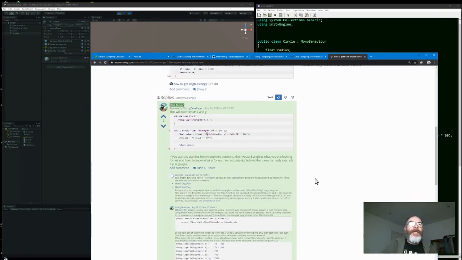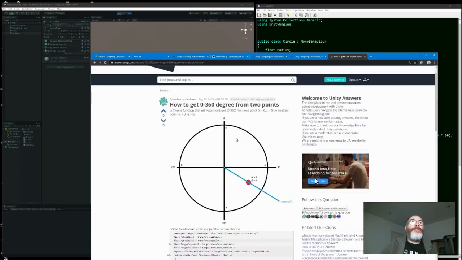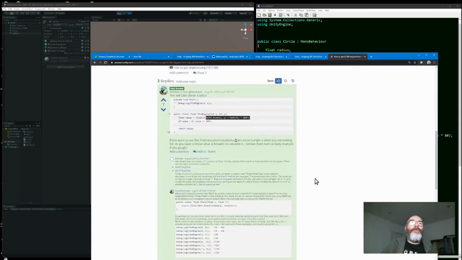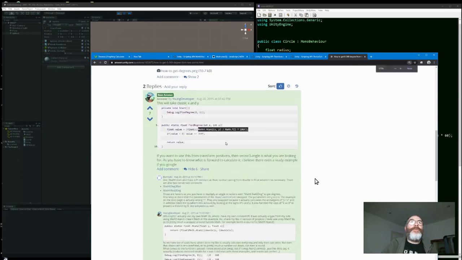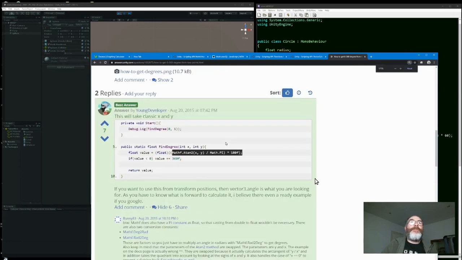Yeah, there's the A tan 2. This is Unity code here from 2015. You know, this is great when you're looking at different code. It's like find degree given x and y. Well, those are taking integers.